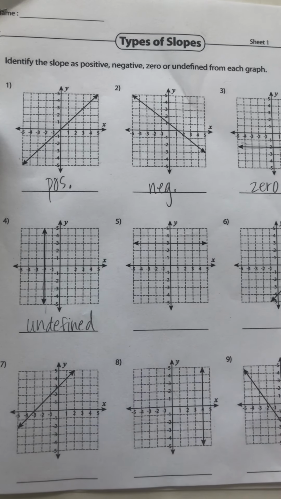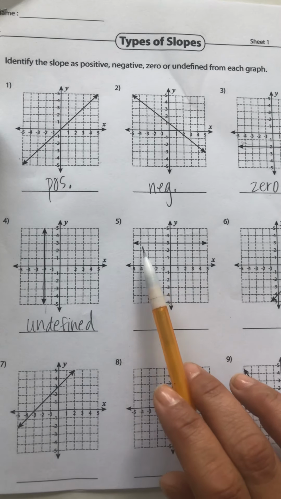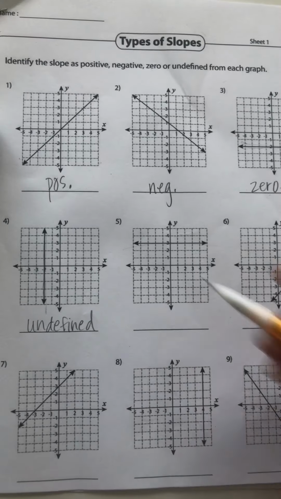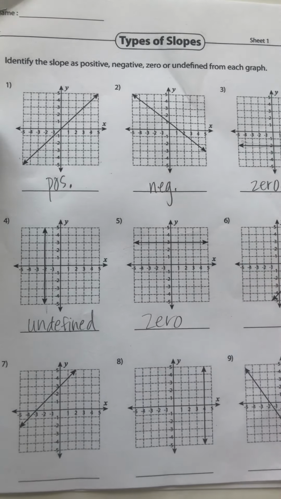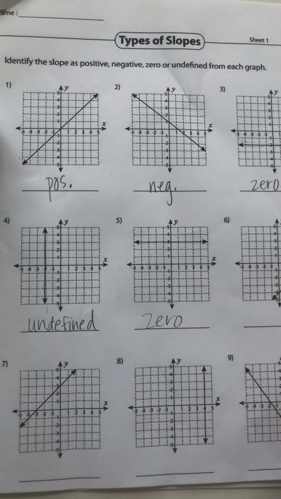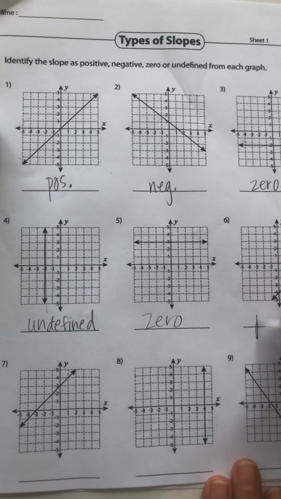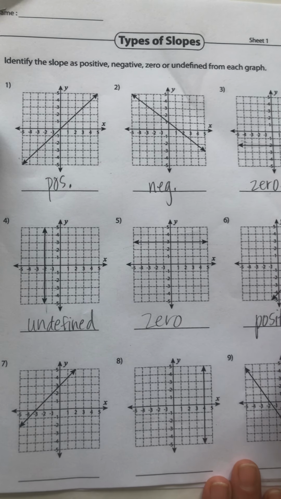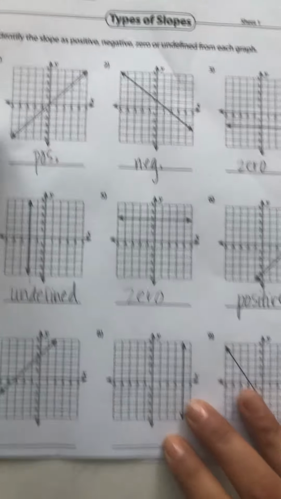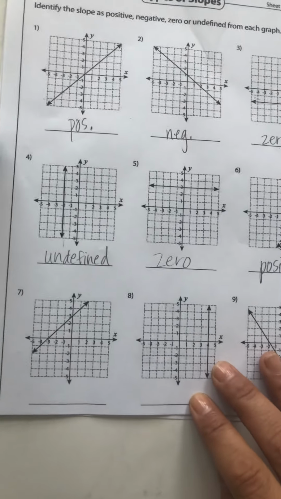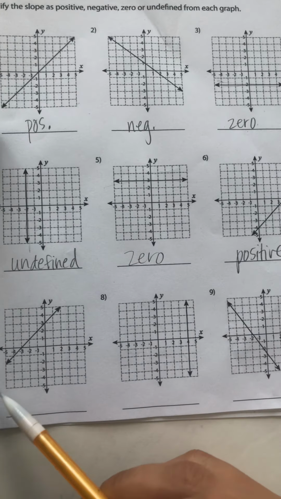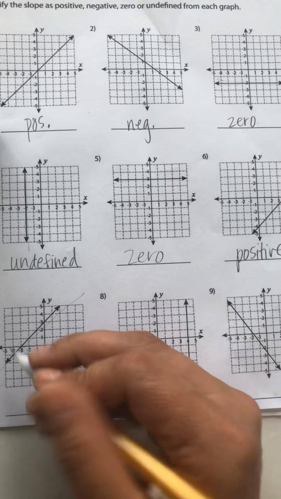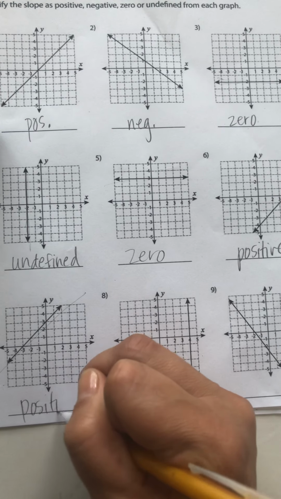So just going through these, we've got a horizontal line, so we know that is an example of a zero slope. We have one going from left to right upward, so this is a positive slope. And then down here for number 7, going from left to right, it's going upward, so again this is positive.